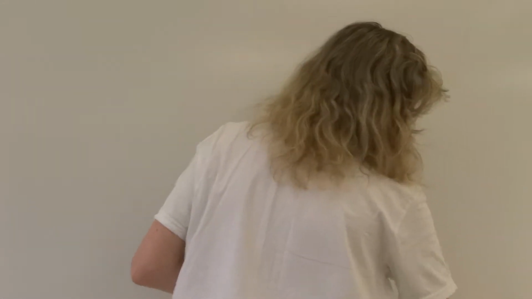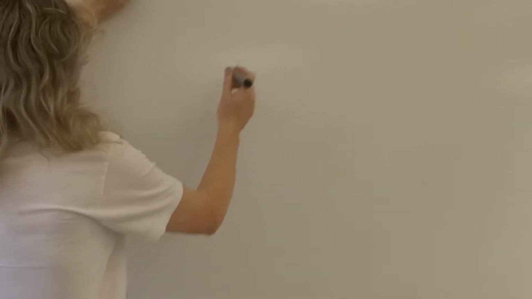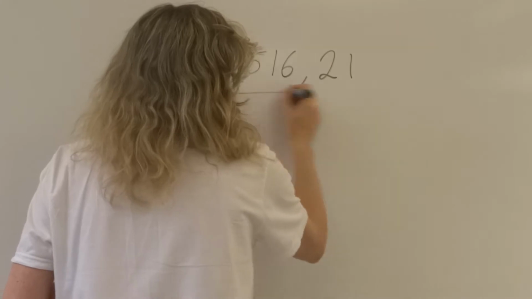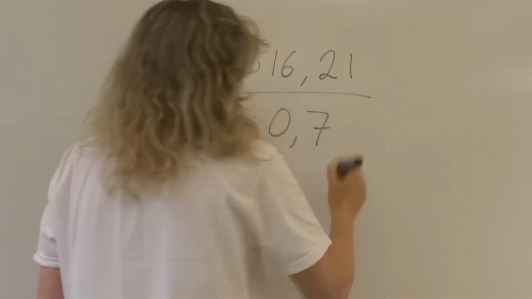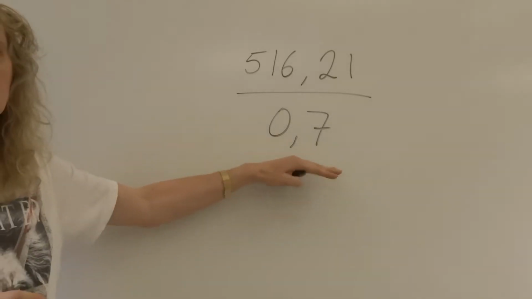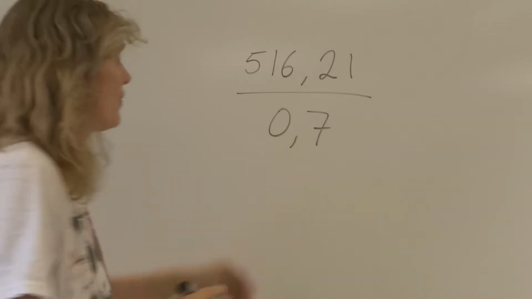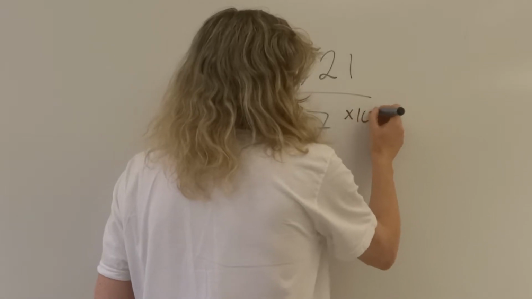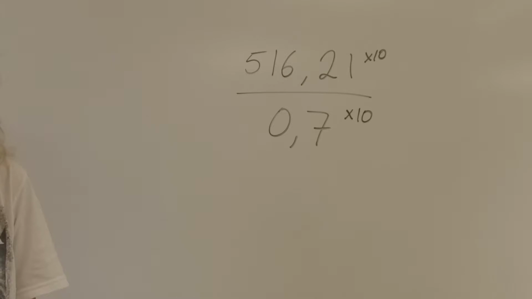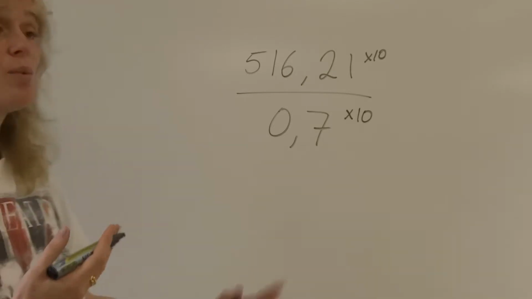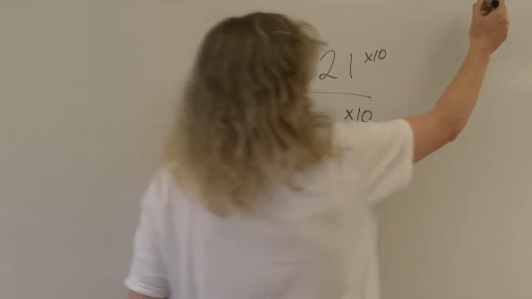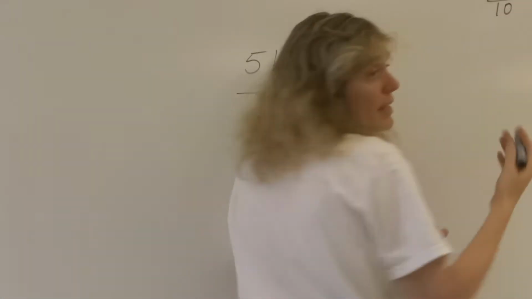Okay, let's take another division then, with decimals. That had no decimals at all. Let's take one with decimals. We have 516.21 divided by the number 0.7. When it comes to division, you're not allowed decimal numbers on the bottom. You have to get rid of them. The easiest way to get rid of them, in this case, is to multiply the top number and the bottom number by 10. We're allowed to do that, because what's 10 divided by 10? 10 divided by 10 is 1.